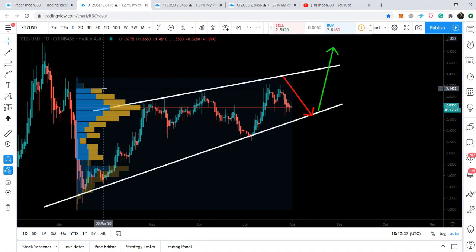That is a bearish signal, and we can expect that the price action can move even below this support of the wedge pattern. But we have the point of control of this volume profile at this level. That always works as a center of gravity. You can see that whenever the price action moves down or moves up, it is always pulled back to this point of control or POC level of this volume profile.